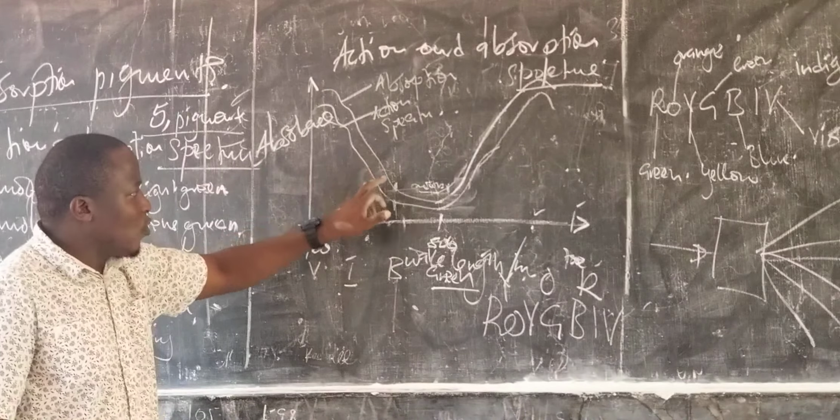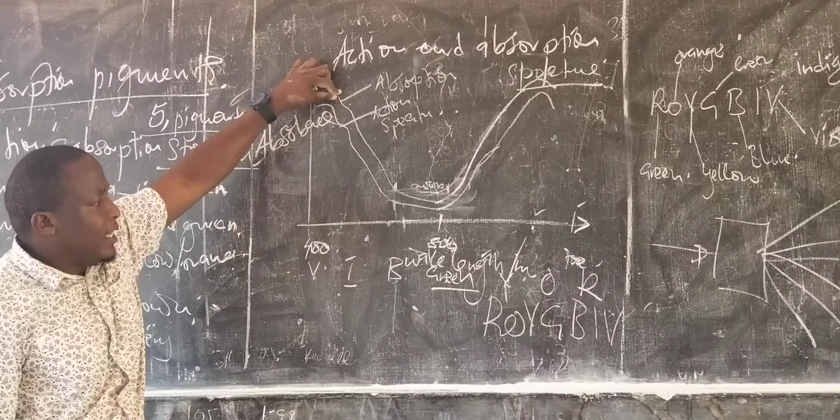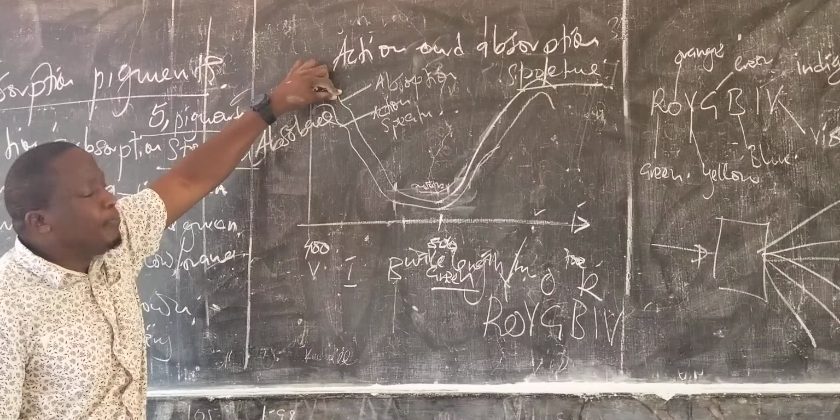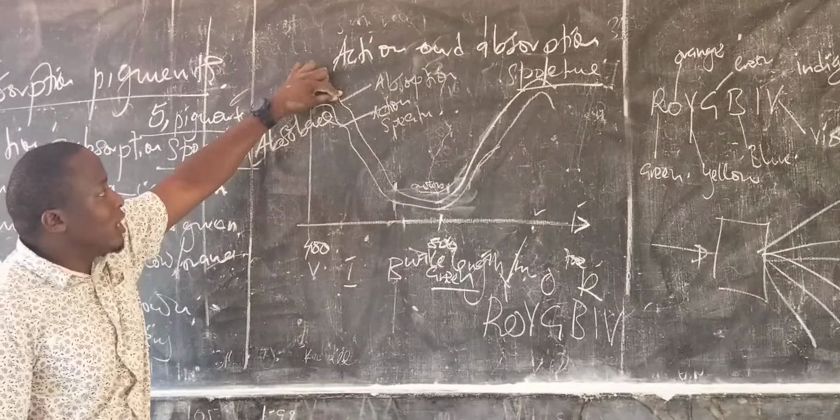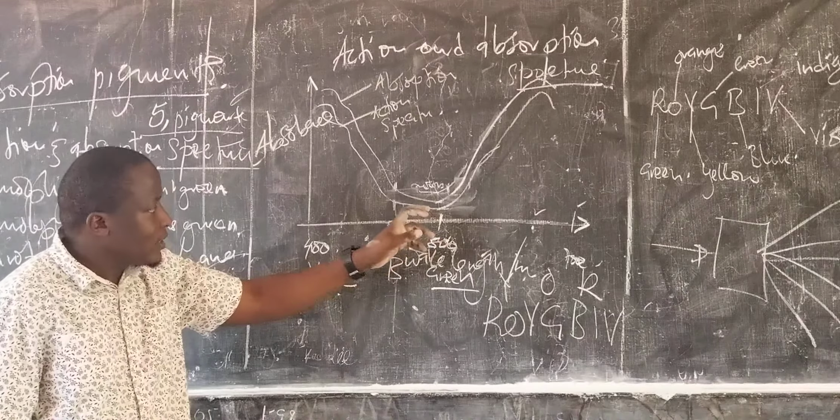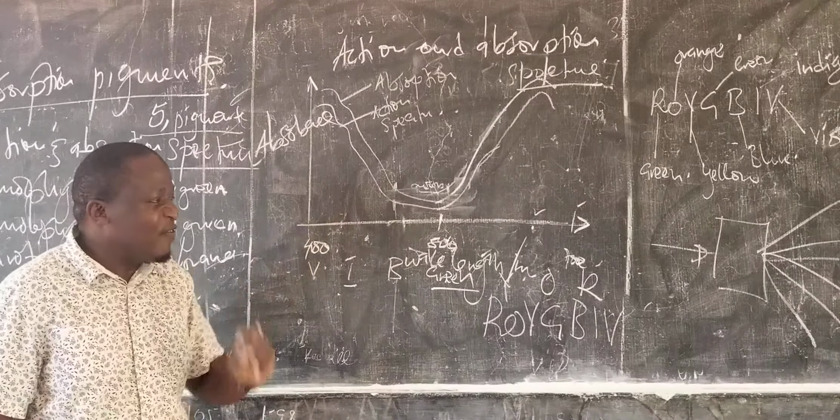I want to repeat that one: the amount of light absorbed by a photosynthetic pigment. Now when I say photosynthetic pigment, even if I don't mention chlorophyll, you understand they are separate. So the amount of light absorbed by photosynthetic pigments in the plant leaf at different wavelengths.